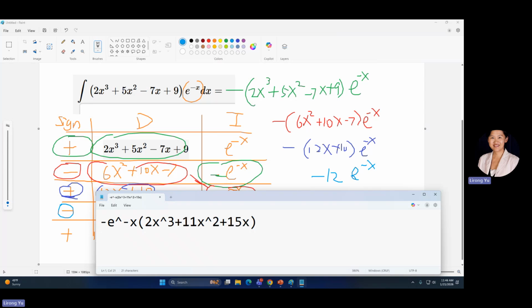Then the numbers: there's 12, plus 10 is 22, then minus 7, and then plus 9. So overall it's 22 plus 2, that's 24. So that's everything combined.